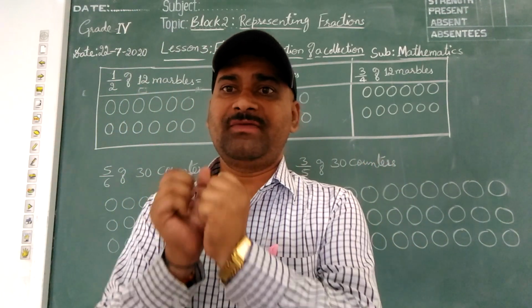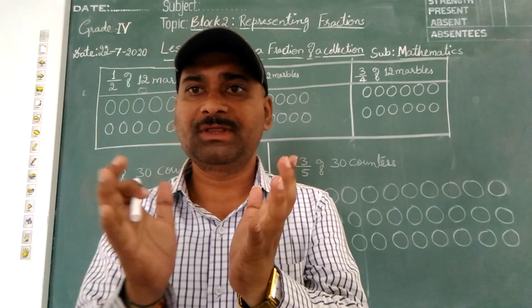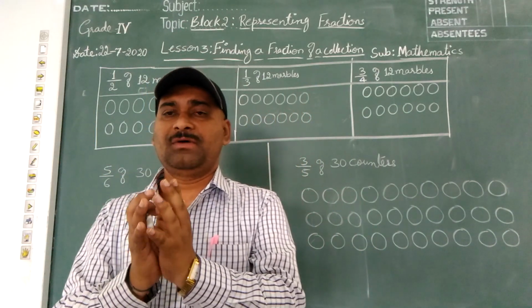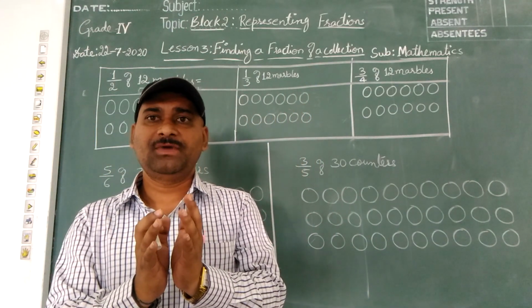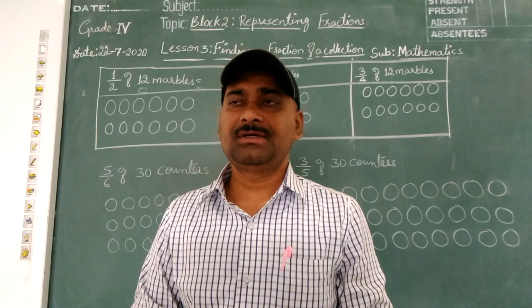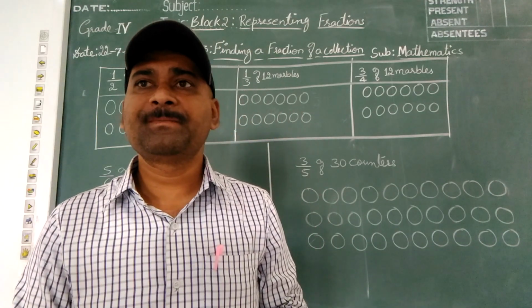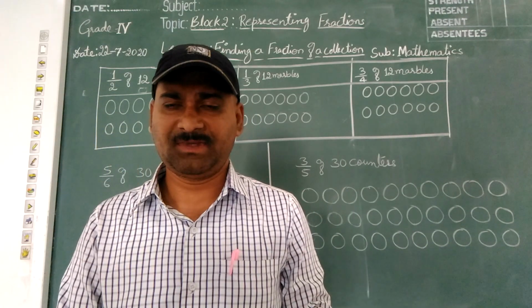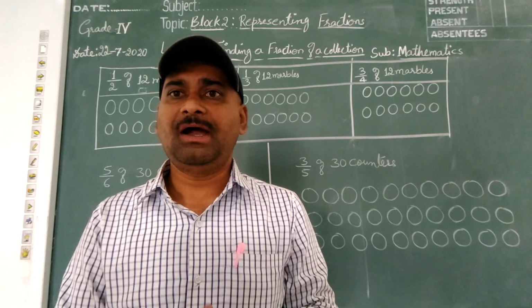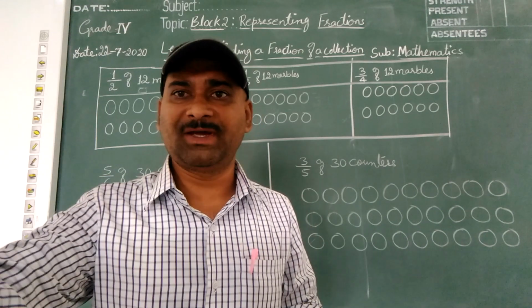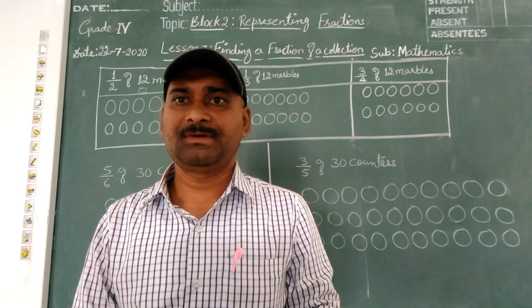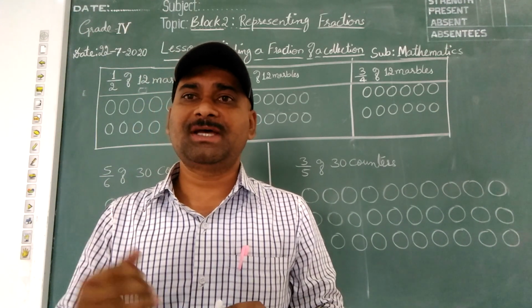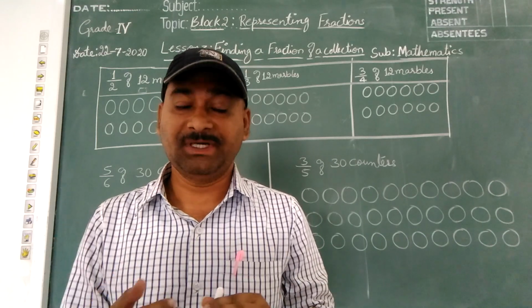From a collection we are finding a fraction. From a group of things, we are finding fractions. See children, suppose for example I have 10 pencils, that is a group of things, and I have given 5 pencils to my friend. So how many pencils I have given to him in the form of fraction?